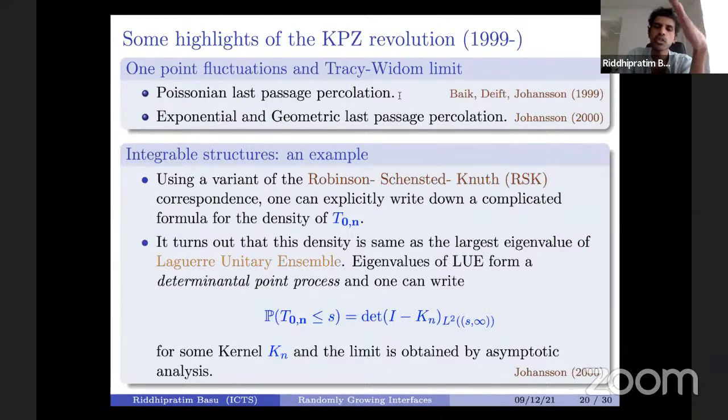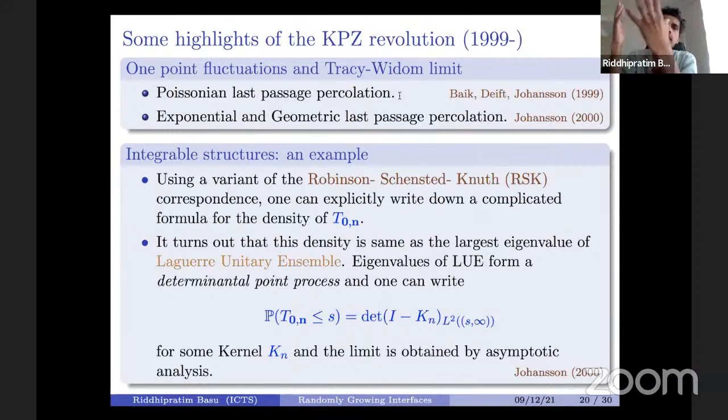As I said, you can think of Poissonian last passage percolation as the longest increasing subsequence problem in the uniformly random permutation. And the key of the analysis is the well-known RSK or Robinson-Schensted-Knuth correspondence, which maps permutations to Young tableaux.